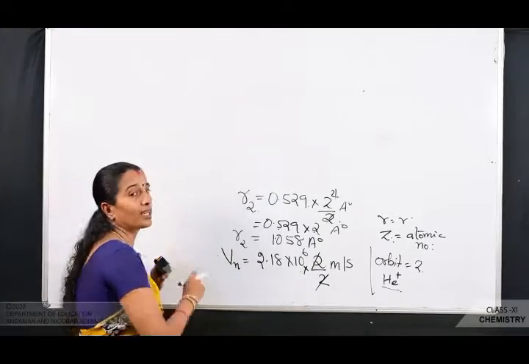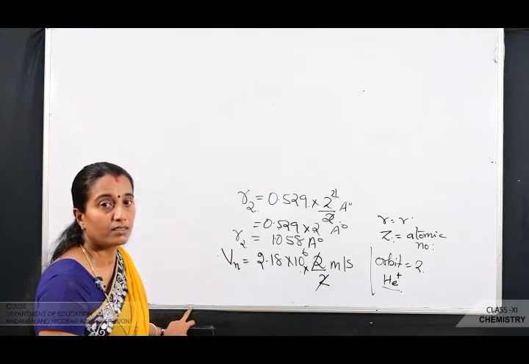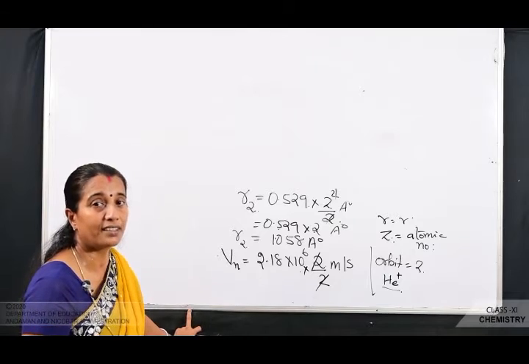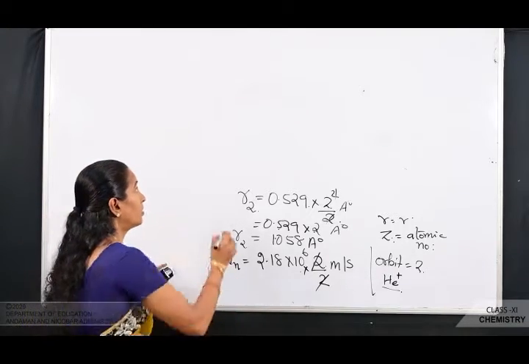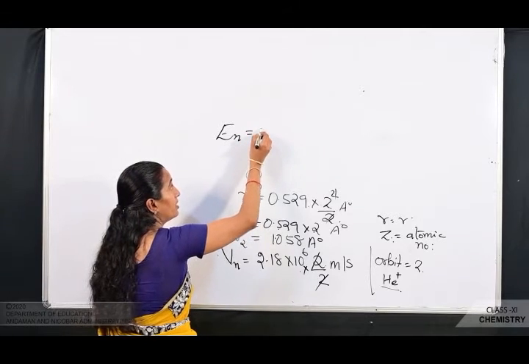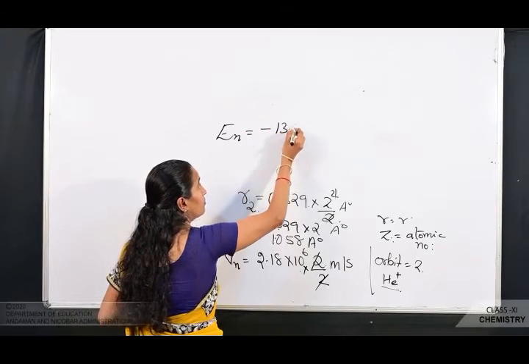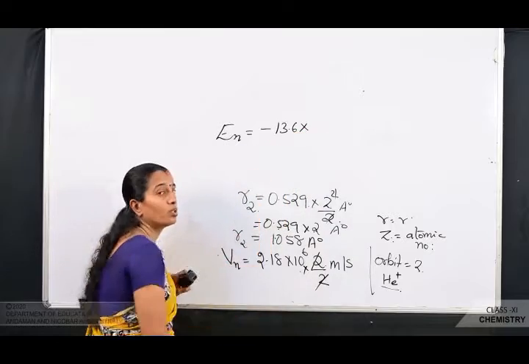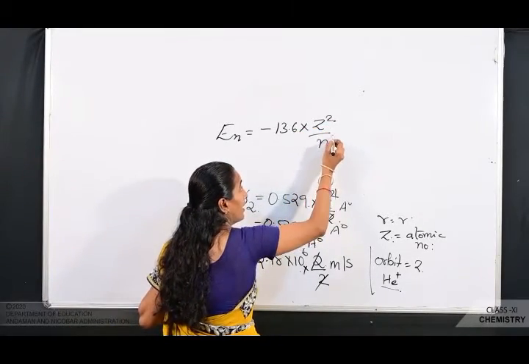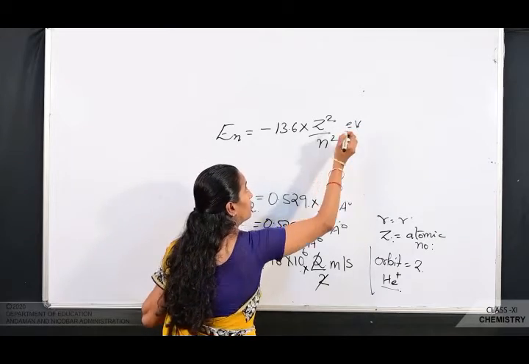Let us see how to calculate, by using Bohr's theory, the energy in the nth orbit. We know that the value of En is given by minus 13.6 into Z square by n square electron volt.